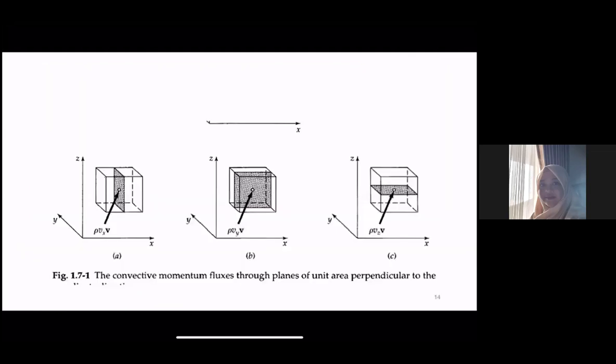This is the convective momentum flux. If we just consider one point, we have to consider the area that is perpendicular to the direction of the momentum flux.